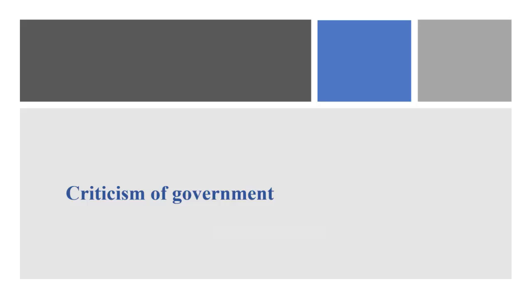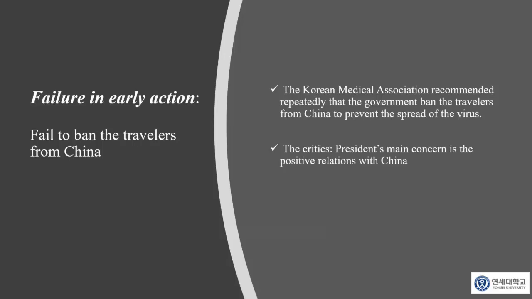Now, let me explain the criticism of the government. Failure in early action: the Korean Medical Association repeatedly recommended that the government ban travelers from China to prevent the spread of the virus. But the government failed to ban travelers from China.